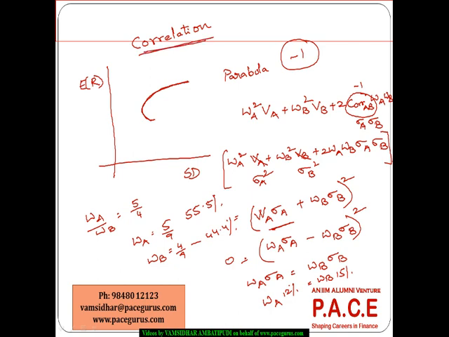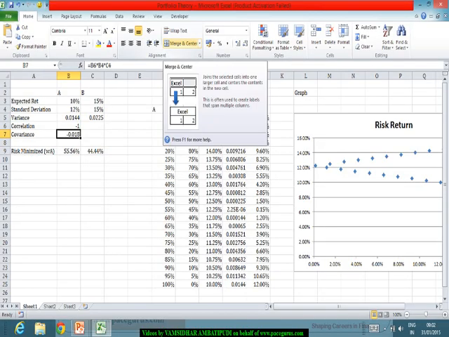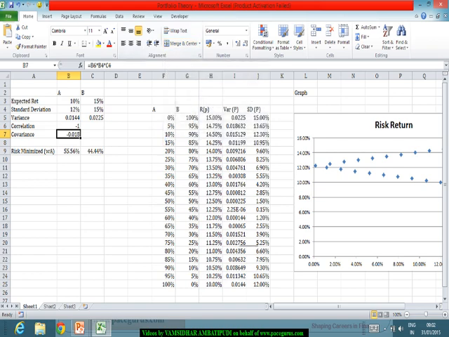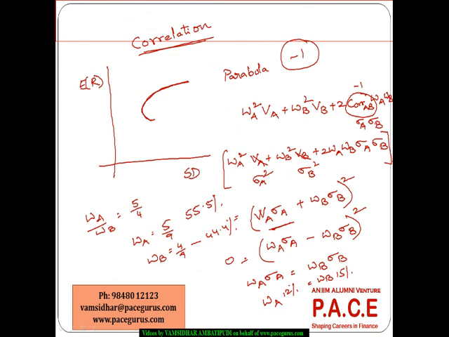Correlation is very important, and it's better that I do a plotting between the standard deviation of the returns on the x-axis and the expected return on the y-axis. And this also gives us another important thing, especially when the correlation is close to -1.